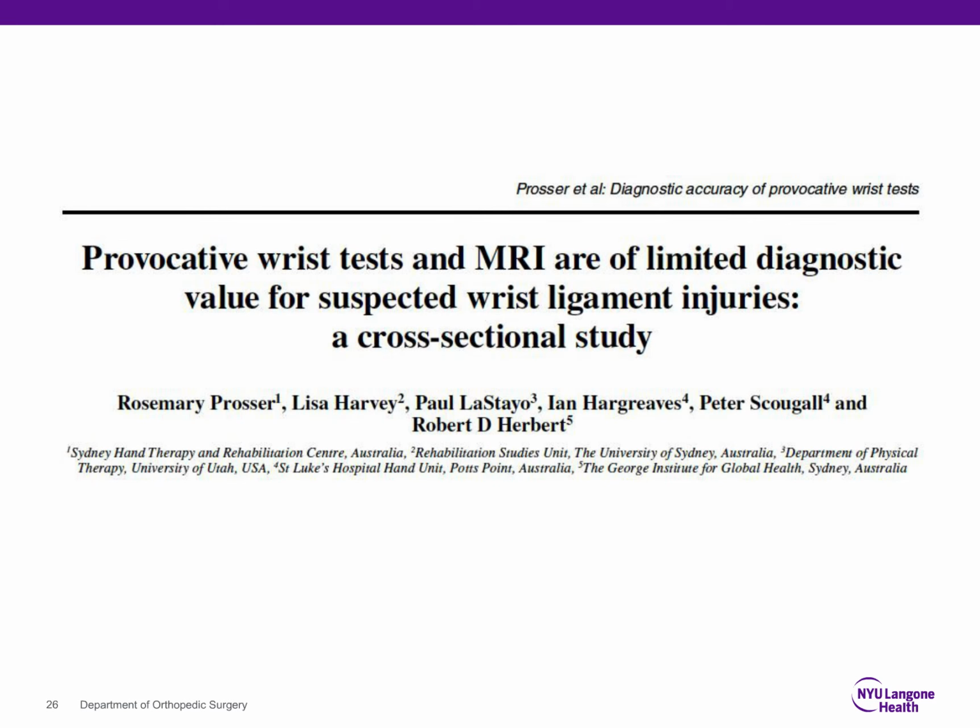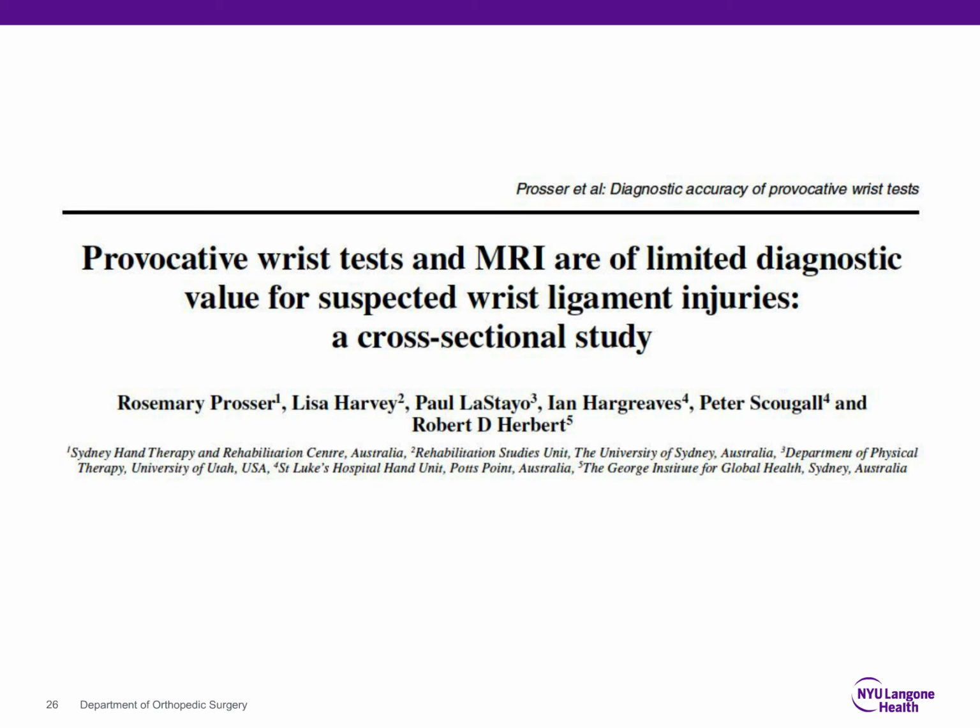And then finally, I just included this paper. Now, I don't necessarily agree with this paper, but the point is that examining the wrist can be very challenging. Even with MRI, even with provocative wrist tests, many times the usefulness isn't as high as we want it to be. And the question is, is it because we're not performing the provocative tests correctly, or are they low-quality MRIs?